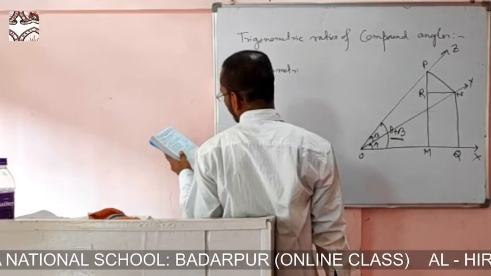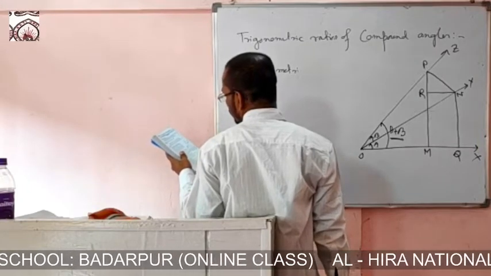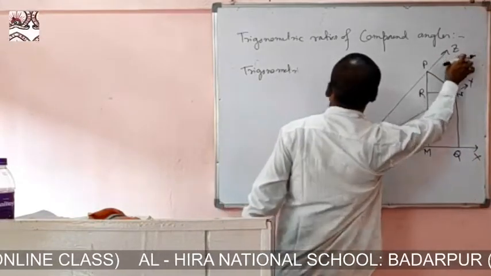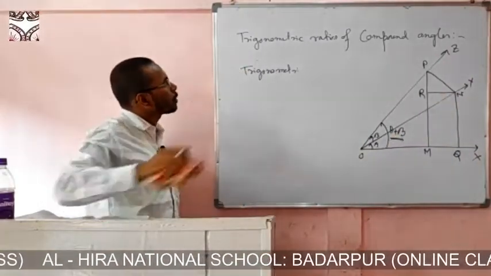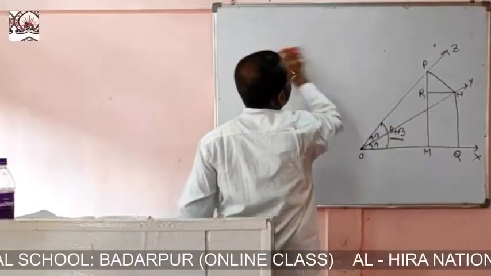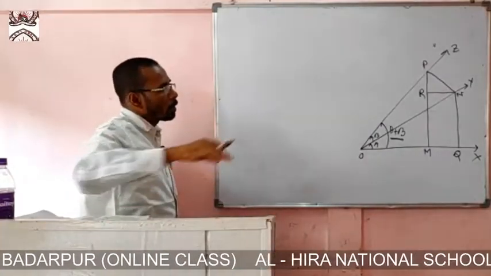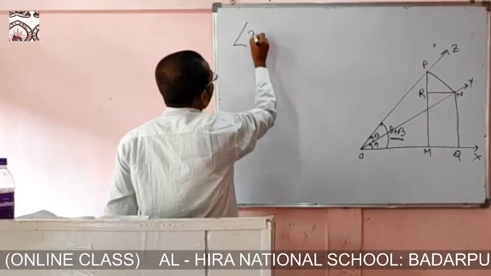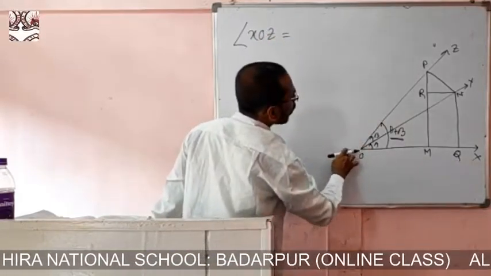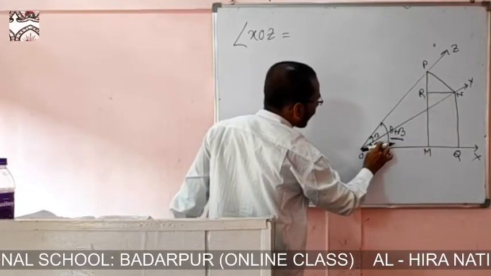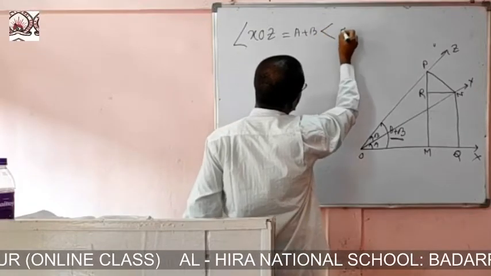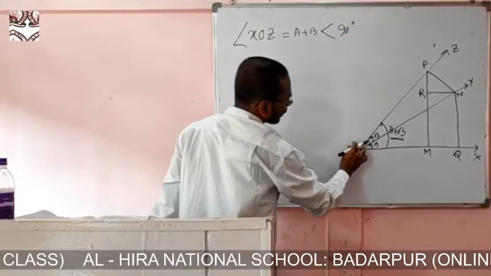Now you see this angle XOZ. XOZ is angle A plus angle B, and this is less than 90 degrees.